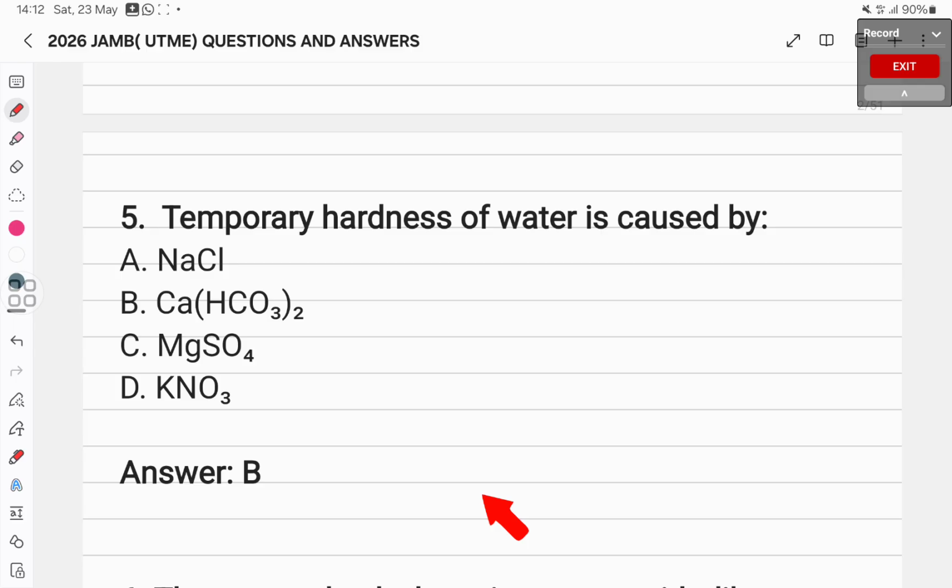Temporary hardness is hardness that is caused by the dissolved calcium or magnesium hydrogen trioxocarbonate(IV) in water and can easily be removed by boiling.